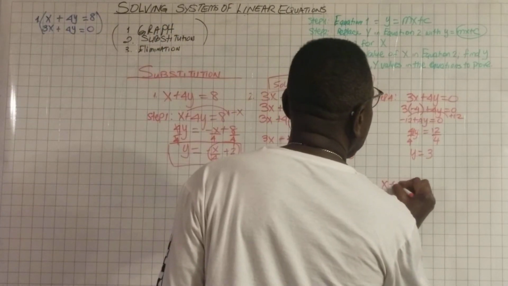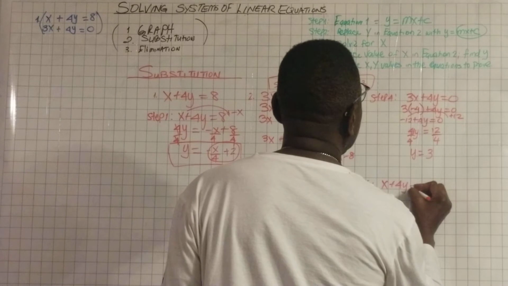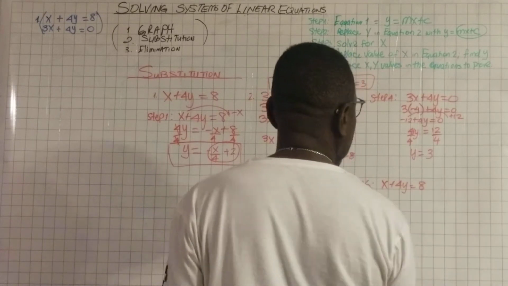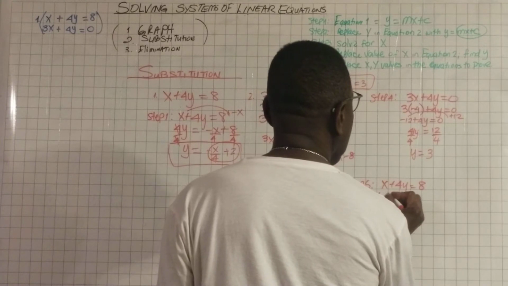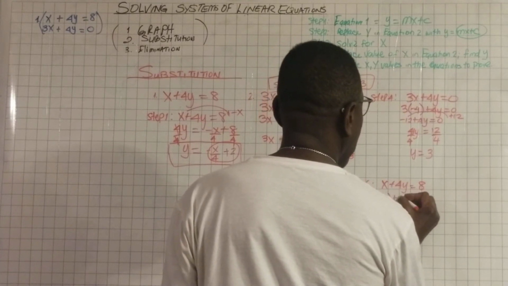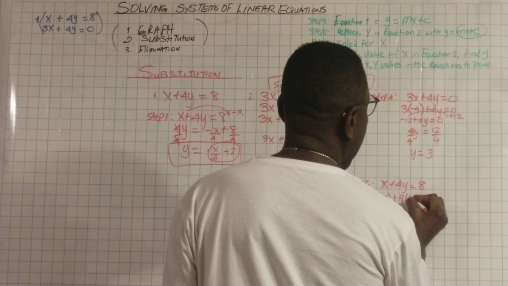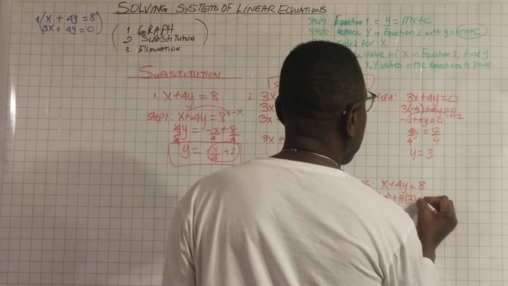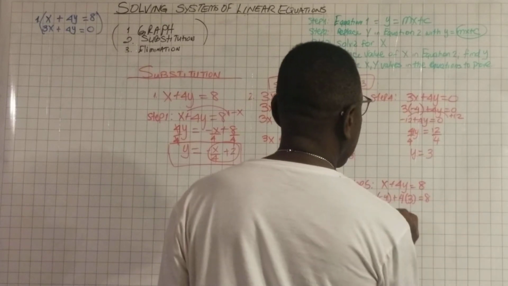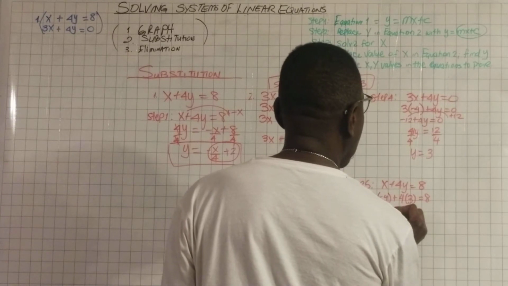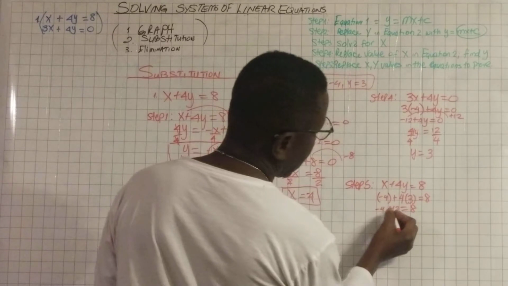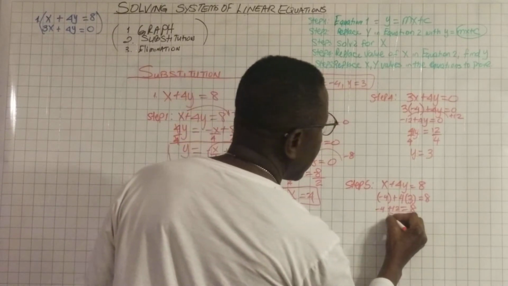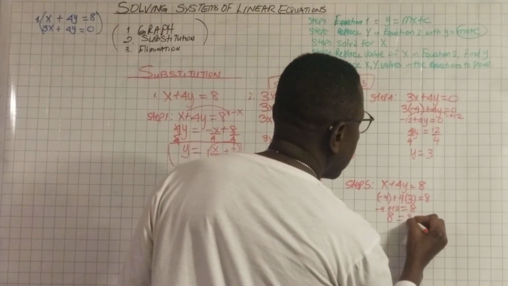x plus 4y is equal to 8. x is minus 4. y is 3. It's equal to 8. Minus 4 plus 12 is equal to 8. Minus 4 plus 12 gives us 8 is equal to 8.